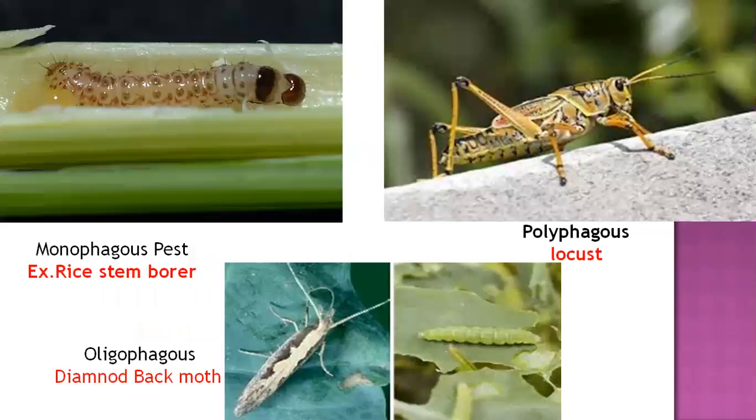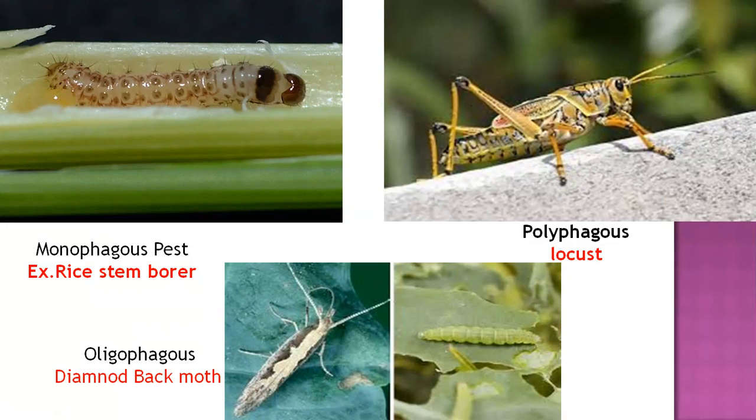Here we can see three different pictures I am showing you, very important. The first picture, the monophagous pest example, is the rice stem borer that attacks only rice. For polyphagous, we know that recently locusts attacked many regions of the country.